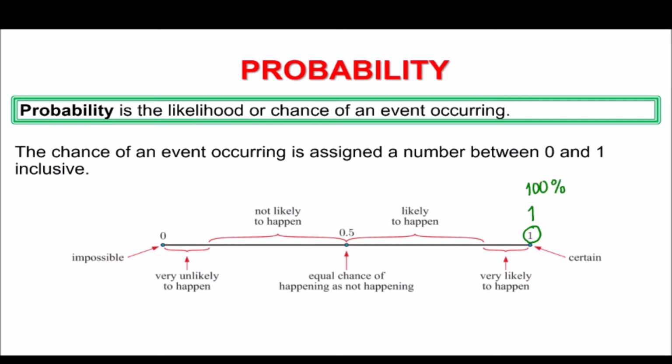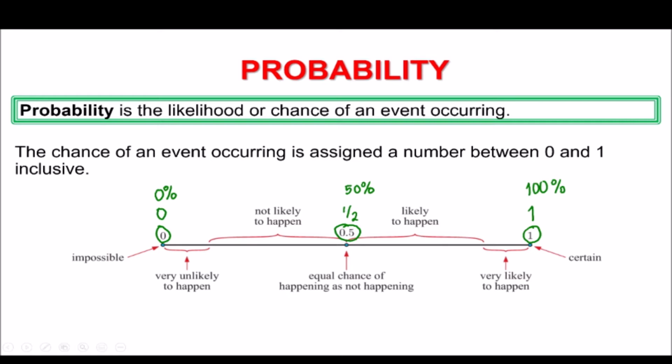A probability of 0 can be written as 0 as a fraction or 0% as a percentage. Also, 0.5 probability can be expressed as 1 half or 50%.